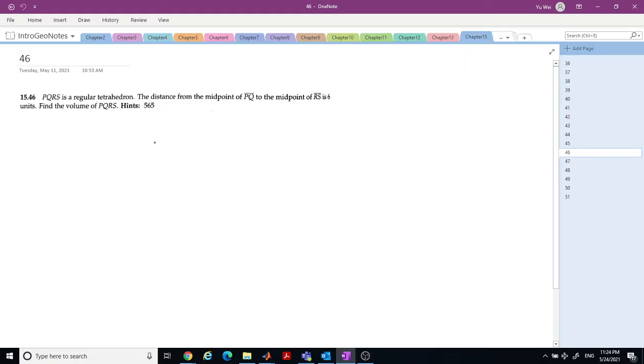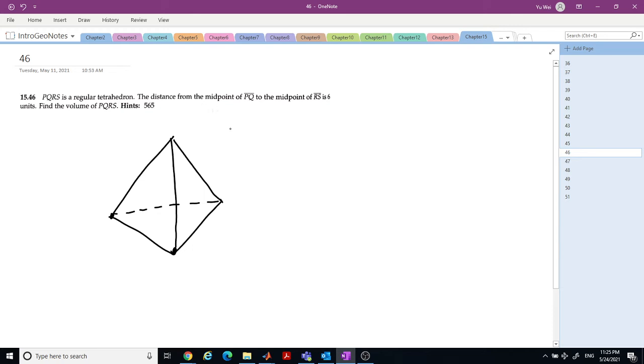Next is PQRS is a regular tetrahedron. The regular tetrahedron means we have 4 faces and every face is an equilateral triangle.